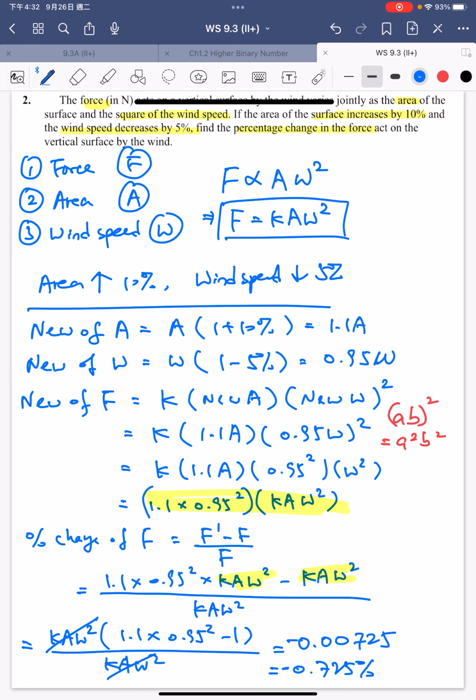So this is for question 2, and now we're going to move to question 3. Again, question 3 is a long question, but don't be afraid of it. Just try to change the whole wording question into formulas that you're familiar with, then we can try to do it. The first thing it says is the weight. Again, the weight of something is not important, so we can just delete it.